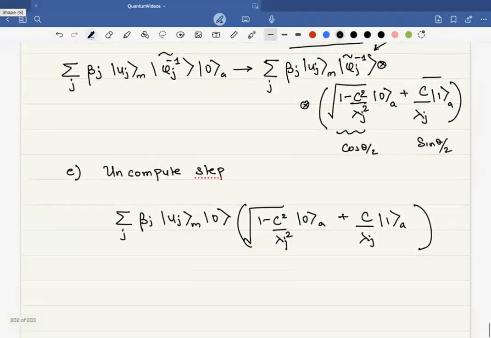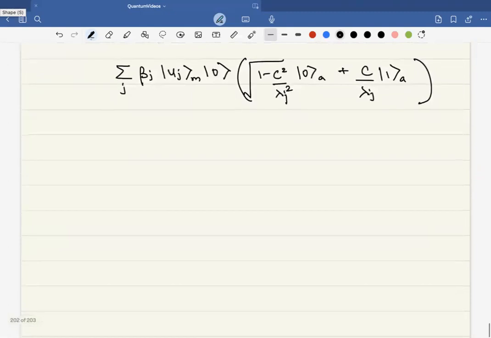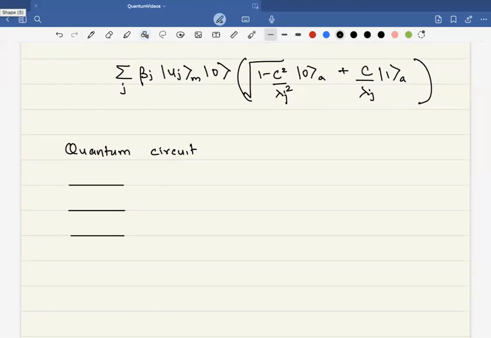So let's draw the circuit for this. I'll explain it through the circuit as well. So we have a quantum circuit. We have 3 registers: register 1, register 2, and register 3.